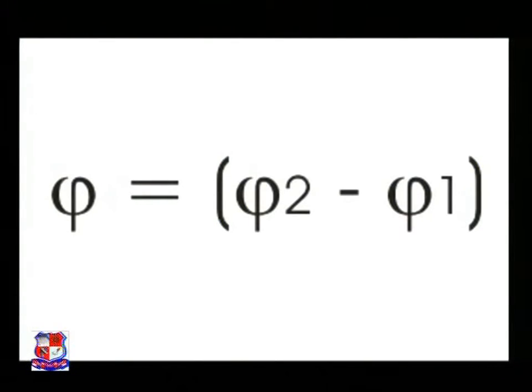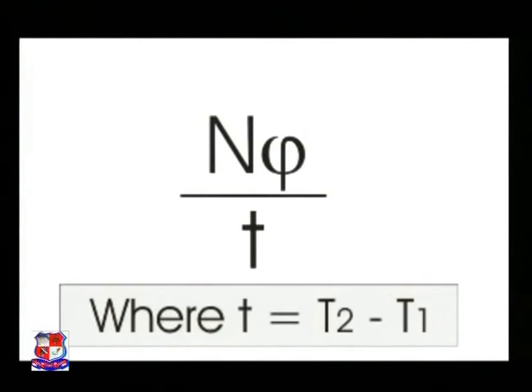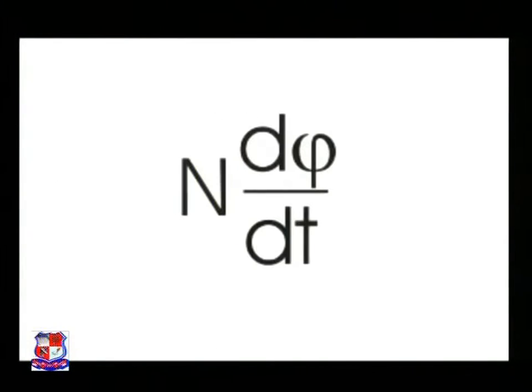So, the change in flux linkage would be N into phi. Now the rate of change of flux linkage would be N into phi divided by time t. Taking the derivative, we will get the rate of change of flux linkage as N d phi/dt.